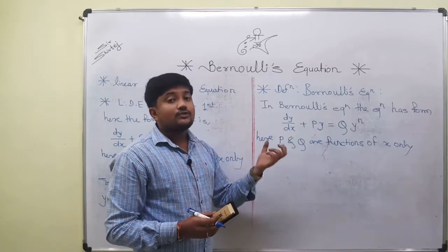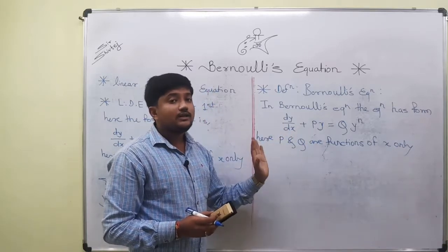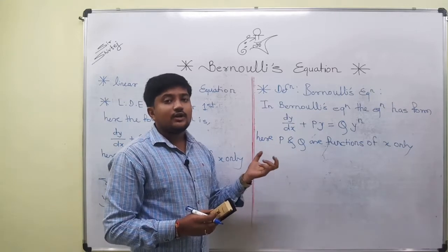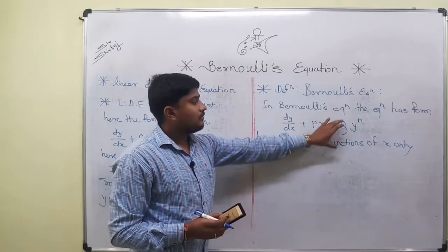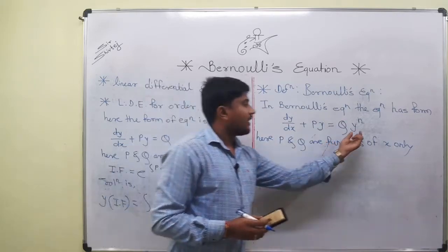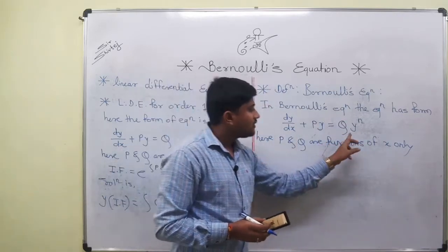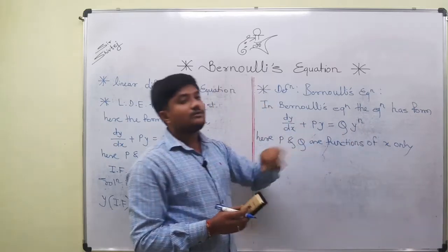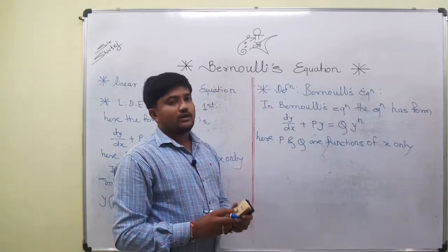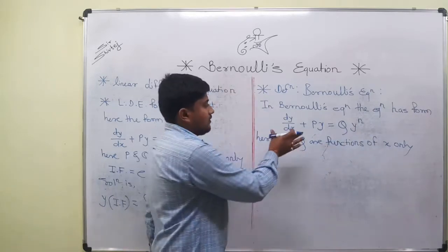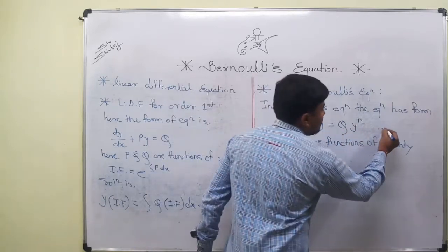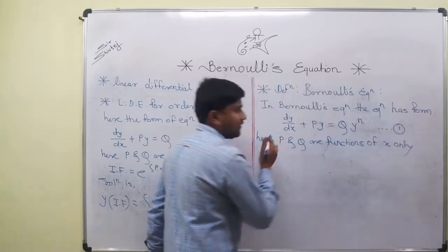For that, we construct a reducing method to reduce that y raised to n. If we reduce y raised to n, then we will get the solution of Bernoulli's equation. So firstly we call this equation 1.